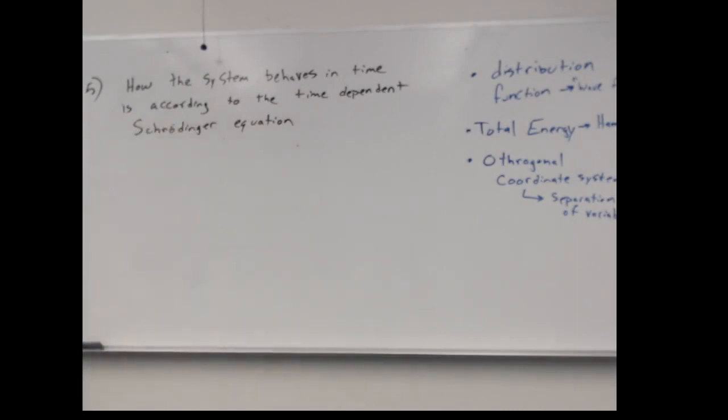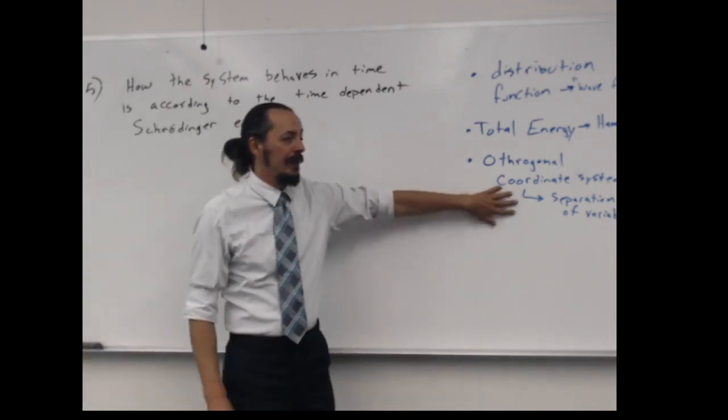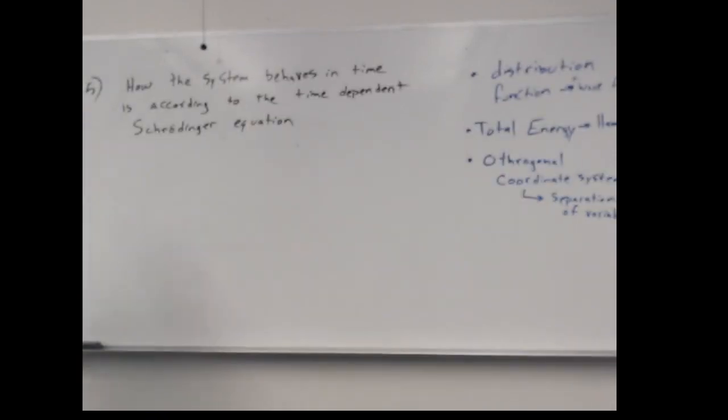How the system behaves in time is going to depend on the time-dependent Schrodinger equation. In this class, what we're usually going to do is separation of variables, taking the time-dependent part out from the spatial part. We're going to use one of these tricks, and we're really going to spend all of our time this quarter looking at time-independent problems by doing a separation of variables.